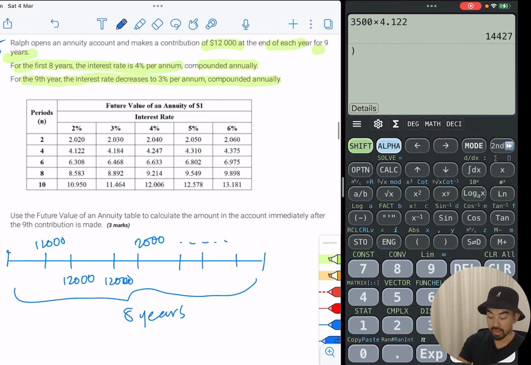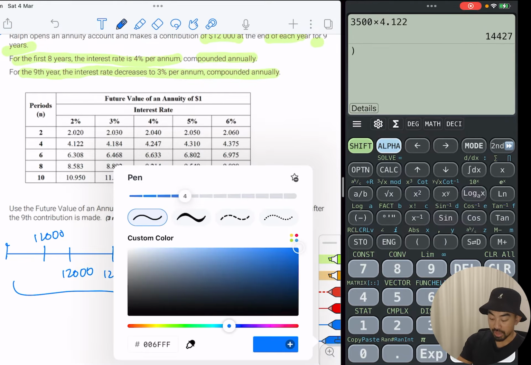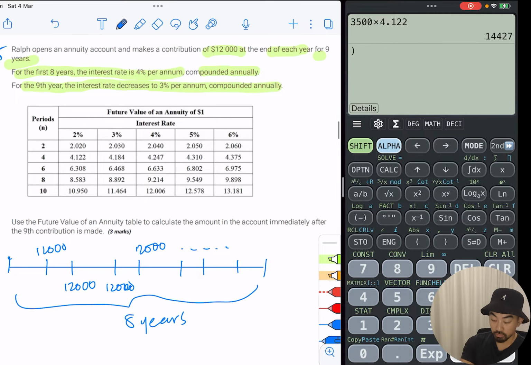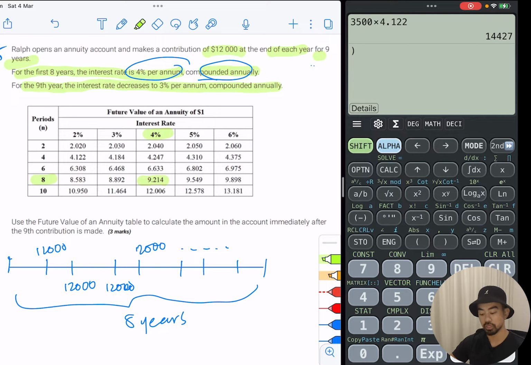So let's just deal with this 8 years first. So the 8 years, he is getting 4% compounded annually. Okay, and it's also every year, so there's nothing really to convert. So our rate's 4%, and it is for 8 periods. Our interest factor is 9.214. So I'm just dealing with the first 8 years.